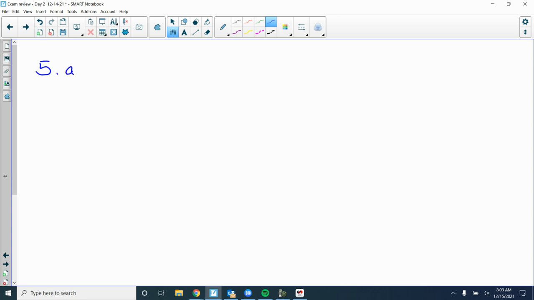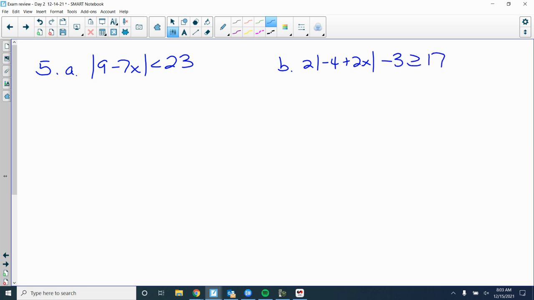So A, absolute value of 9 minus 7x is less than 23. B, 2 times the absolute value of negative 4 plus 2x, minus 3, is greater than or equal to 17. I'll do those separately.